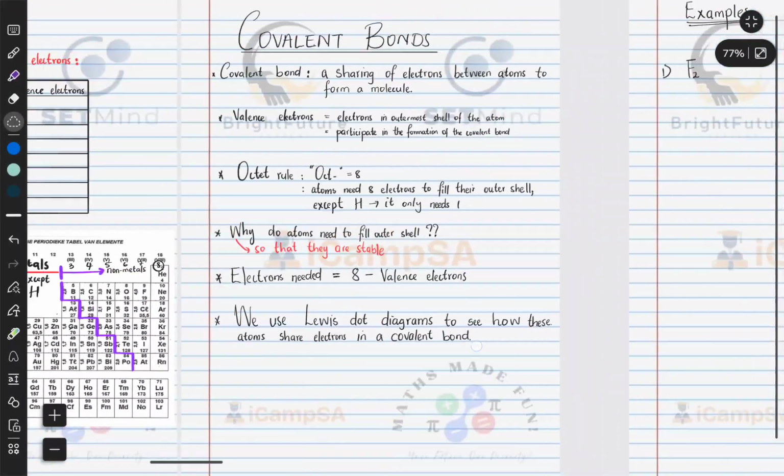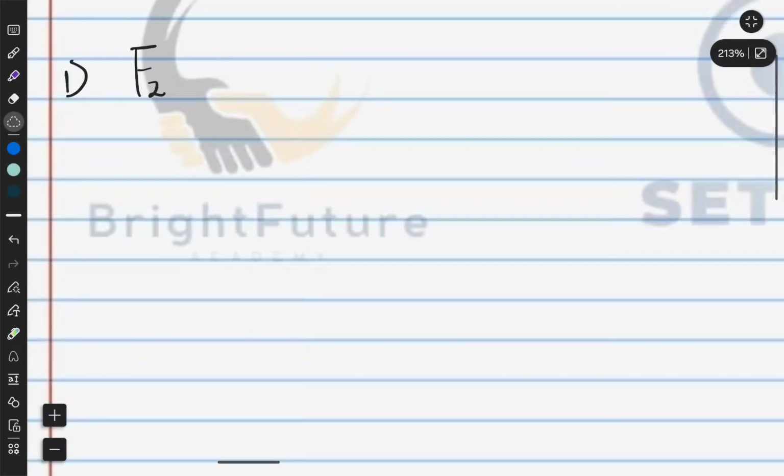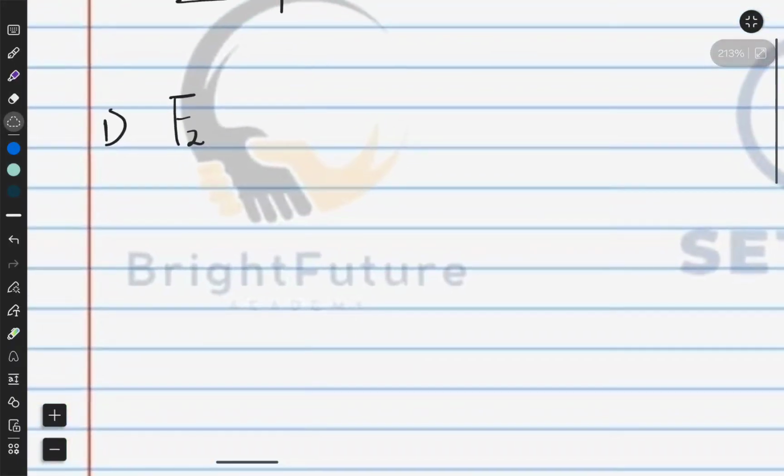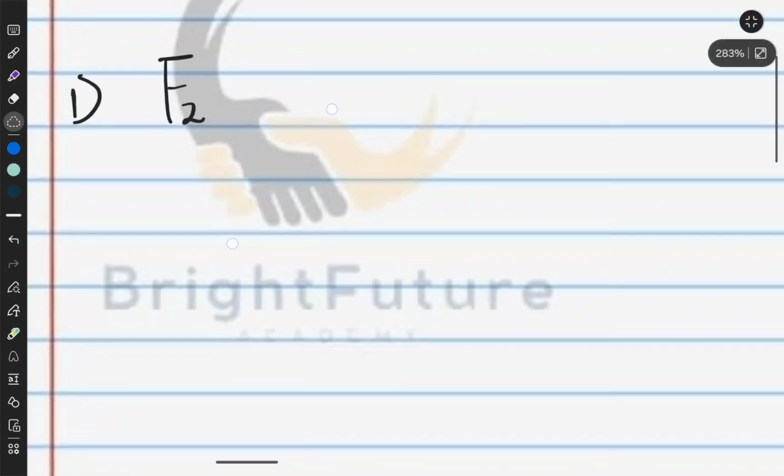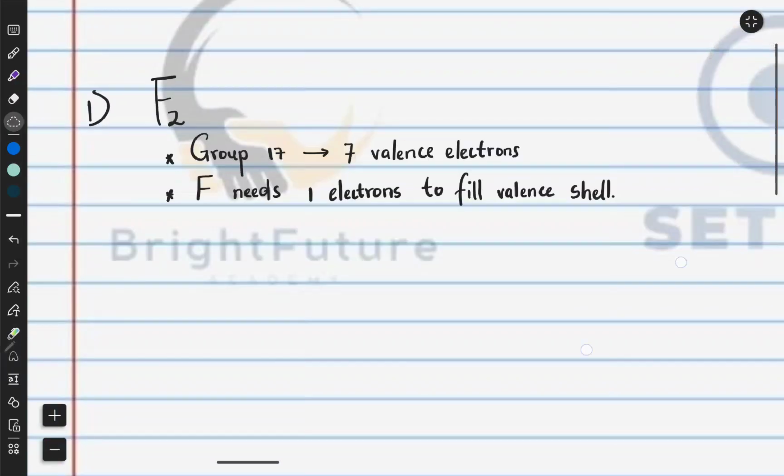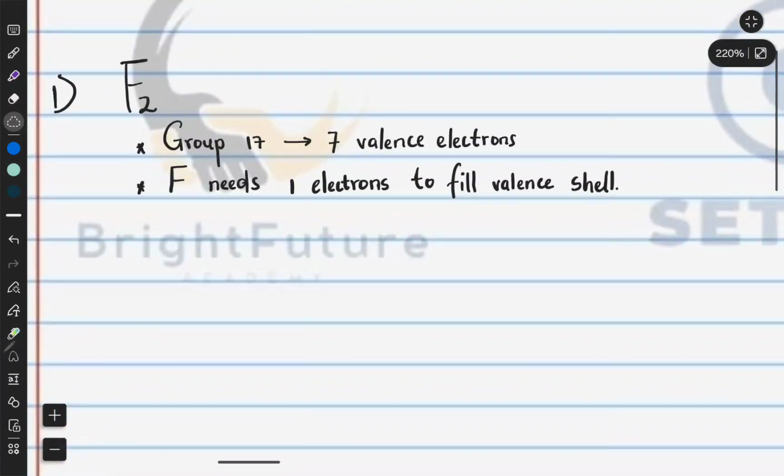It means fluorine will need 1 more electron in order to fill its valence shell, because it has 7 already, so it needs 1 more. Fluorine is in group 17, it has 7 valence electrons, and it needs one electron to fill its valence shell.